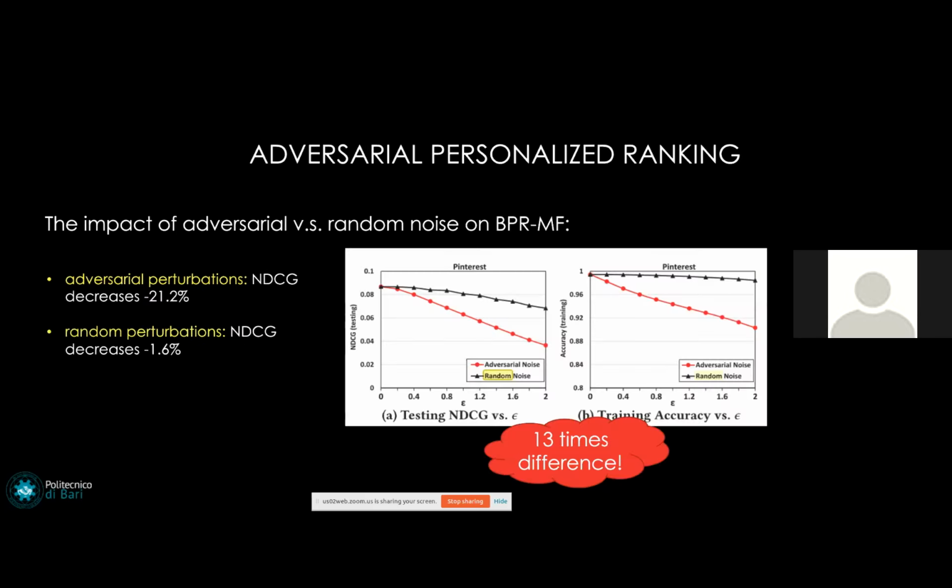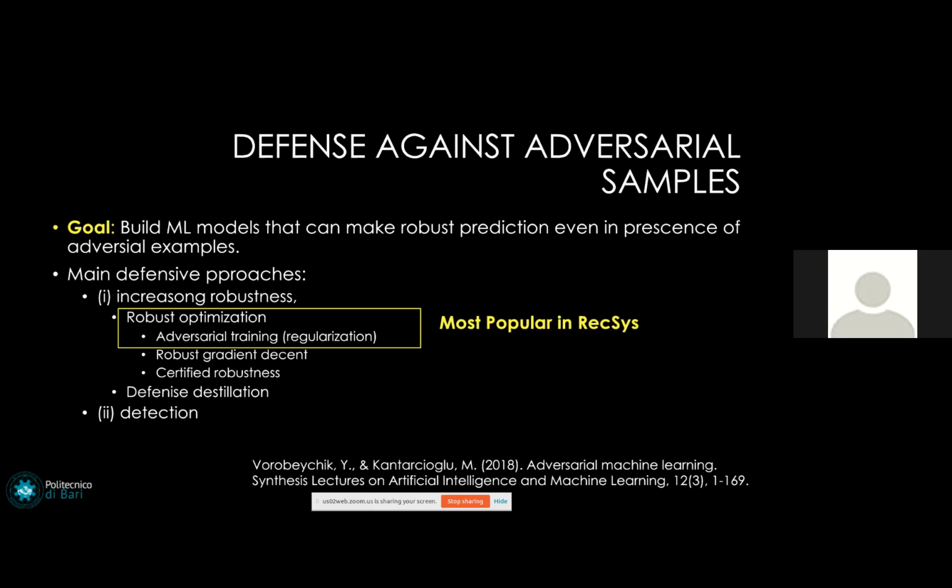Now that we have these insights and results, the question is, how can we bring robustness? How can we protect our recommender system against them? As presented in the first part of the lecture, there are two main strategies. One is building or increasing robustness through learning, and the other is detection. Detection means we can detect adversarial noise from normal or clean samples, and through that we can avoid using those samples.